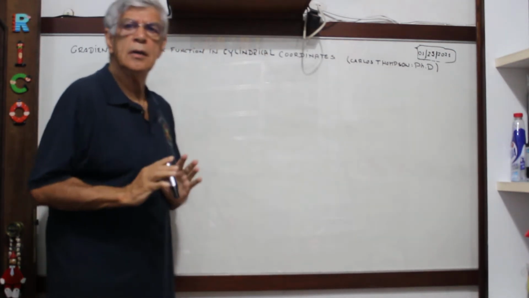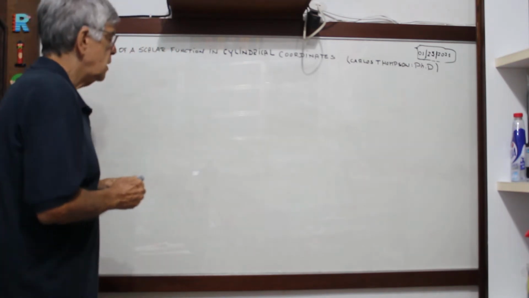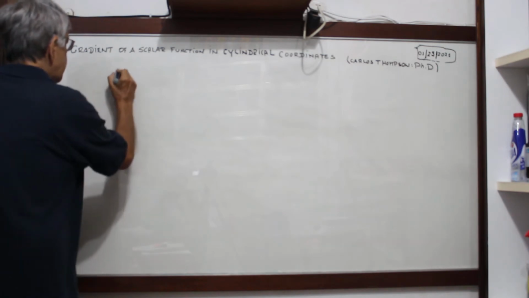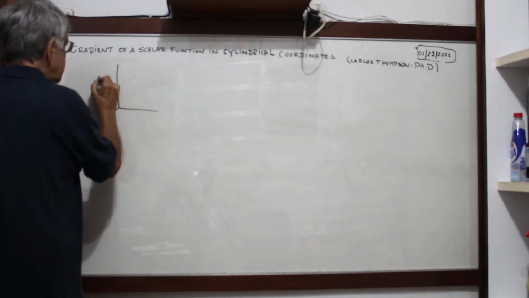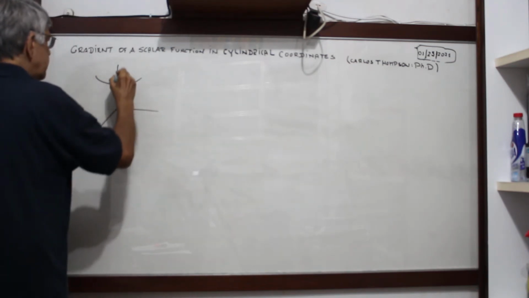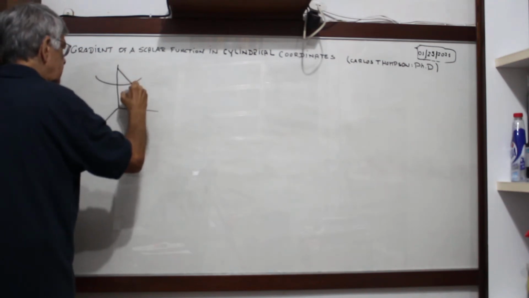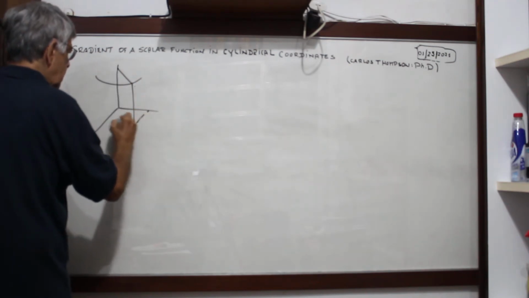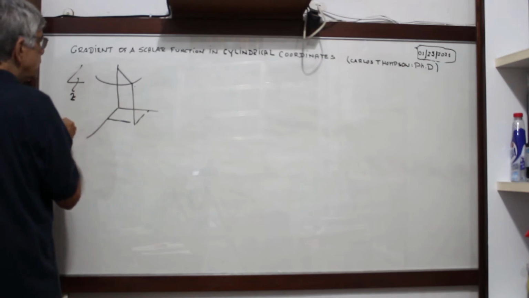What are the cylindrical coordinates? Here I have a cylinder, and a plane, and another plane. This plane here is z equal to constant.